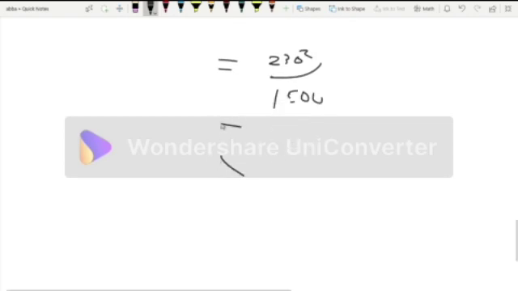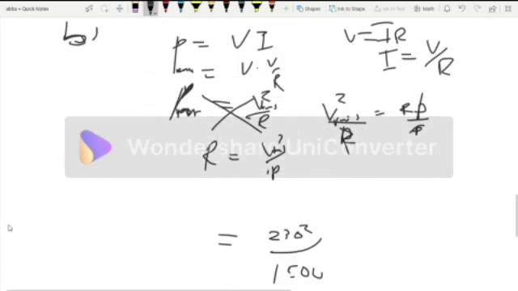How much do we get there? I think we're going to get something like 35.1 ohm. So that is the resistance they wanted us to calculate.